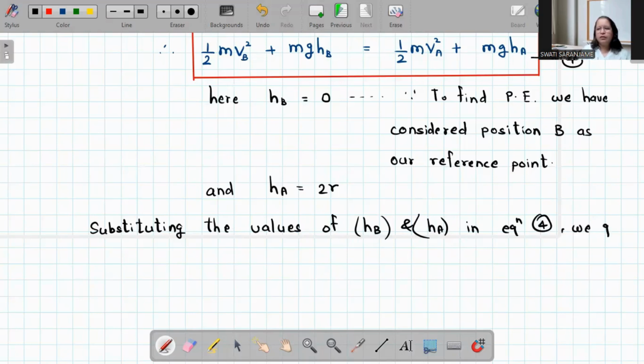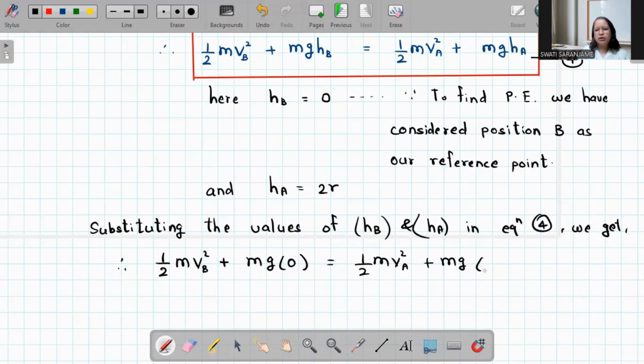What we get? We get half mvb square plus mghb, which is now 0, equal to half mva square plus mg here 2r.